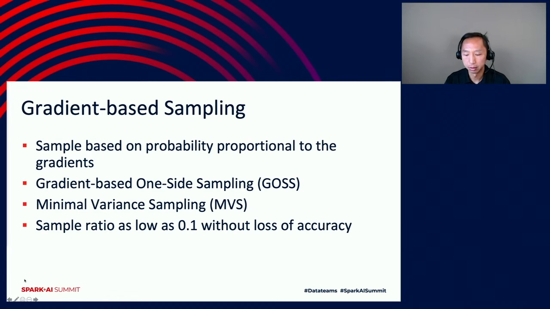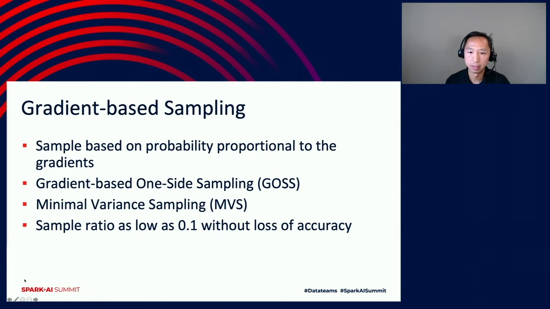As you're constructing this series of trees in XGBoost, once you finish the previous tree, you can run your training data through the current model to get the output from your objective function, and you can calculate the gradient, which are just the first order and second order derivatives. And then based on the gradient, you can sample the data with probability proportional to some measure of the gradients.